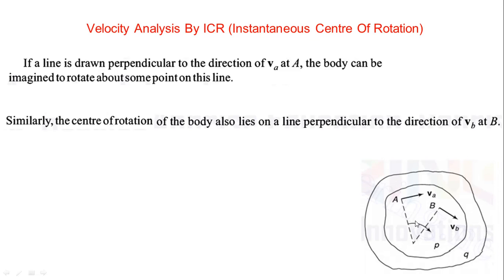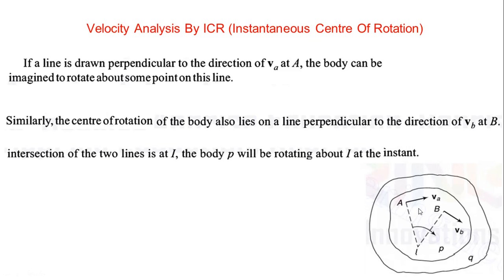Similarly, if I consider point B on body P, I draw one more line perpendicular to the velocity VB. On this line there must also be one point about which body P is rotating with a constant angular velocity.